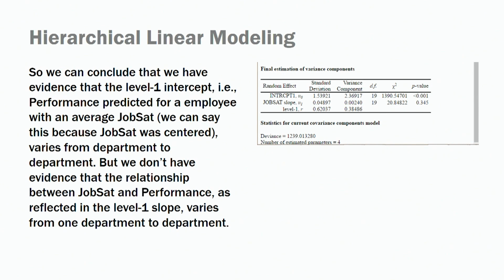With the slope, we find that the slope is significant. So the slope is different from 0. That slope is not flat. But we also find that that slope does not change based on the department. So the slope is pretty much the same across all the departments.